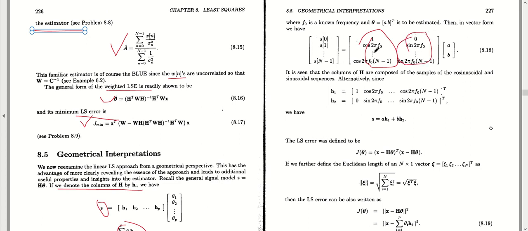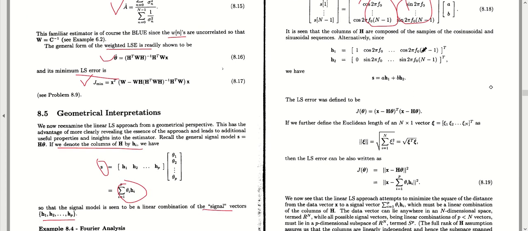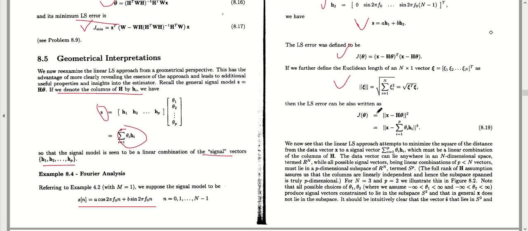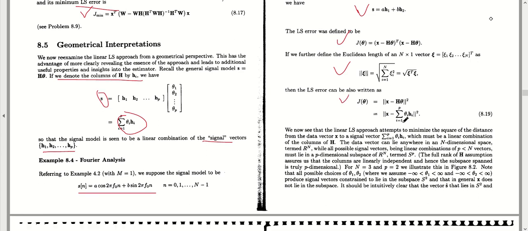So you have S equal to this Fourier basis multiplied by A and B, and then you have H1, H2, S is like this, and you have J, and you have this. This is the Euclidean length. But anyway, J is written in this way.